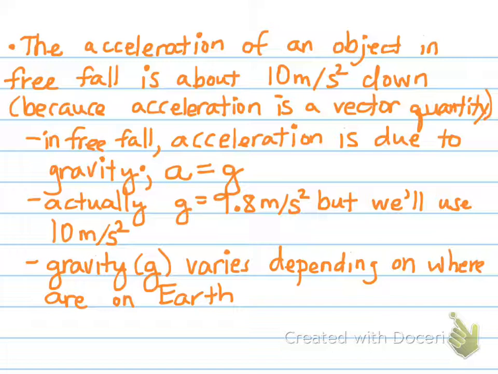At the top of a high mountain, it's a little bit less. But we're not going to worry about that in applied physics. We're just going to say acceleration is 10 meters per second squared. You may have a problem in your textbook where they take you to a different planet, like Pluto or Mars. Well then, the gravity on Pluto or Mars isn't 10 meters per second squared. Your book's going to have to give you that information about what the gravity is.